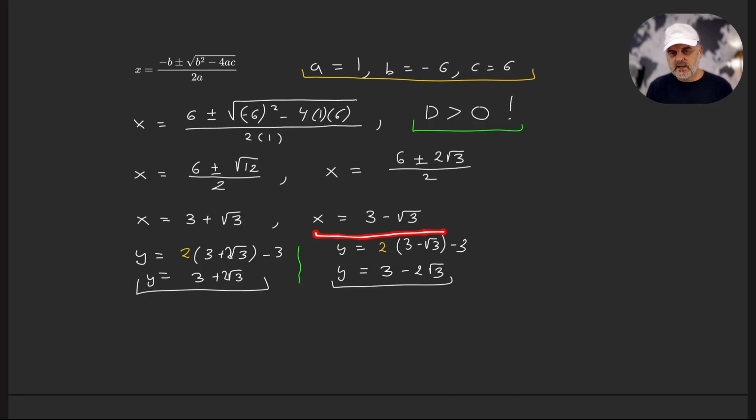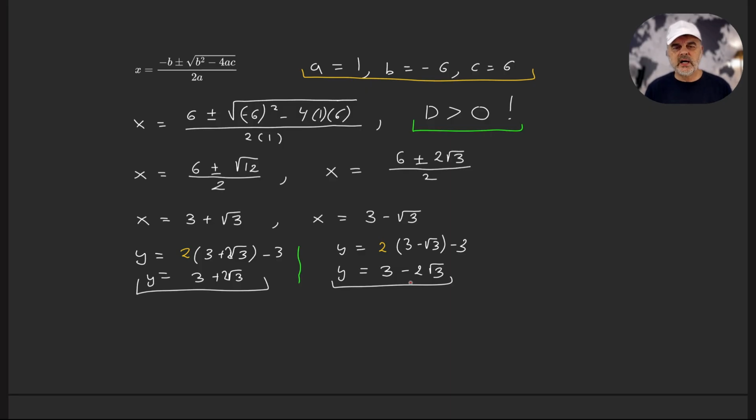And with this value of x, 3 minus root 3, you put back into the equation of a line. You do the same thing. You distribute. So you have 6 minus 2 times radical 3 minus 3. So 6 and minus 3 gives you 3 and minus 2 radical 3.